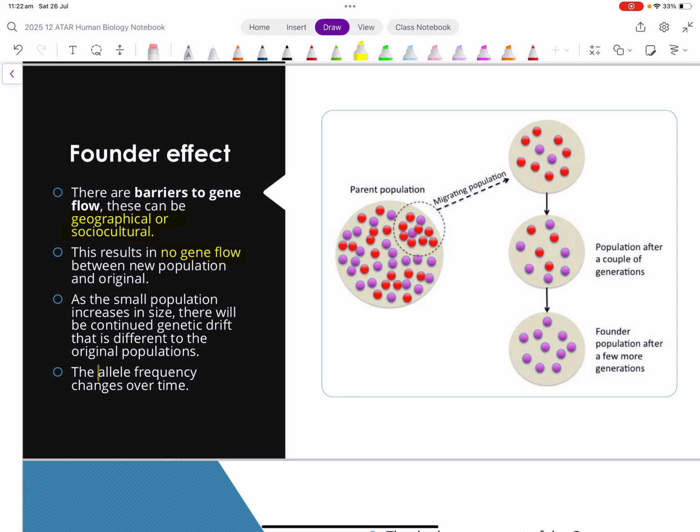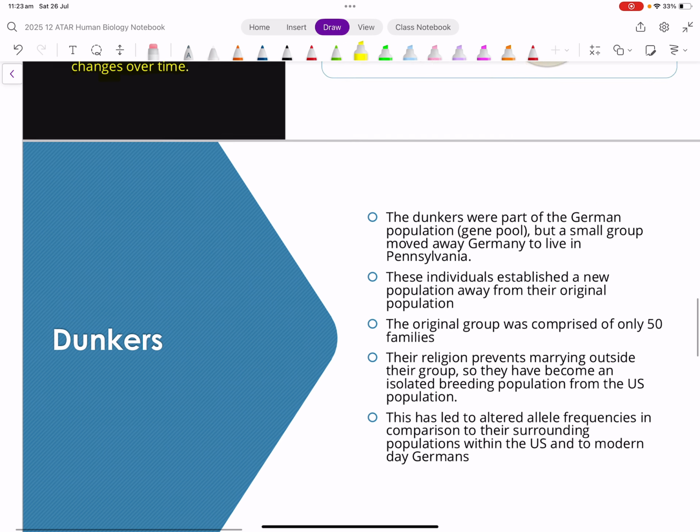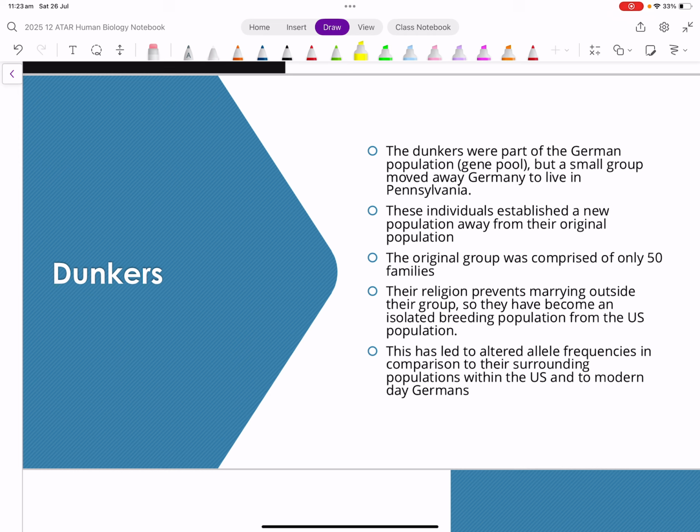And what we see, again, over time, the key part here, is that the allele frequency changes significantly over time between these two populations. A real-life example of this is the Dunkers. The Dunkers were part of a religious belief group, and they originally came from Germany. A very small group from Germany, made up of only about 50 families or so, moved to Pennsylvania in the United States.